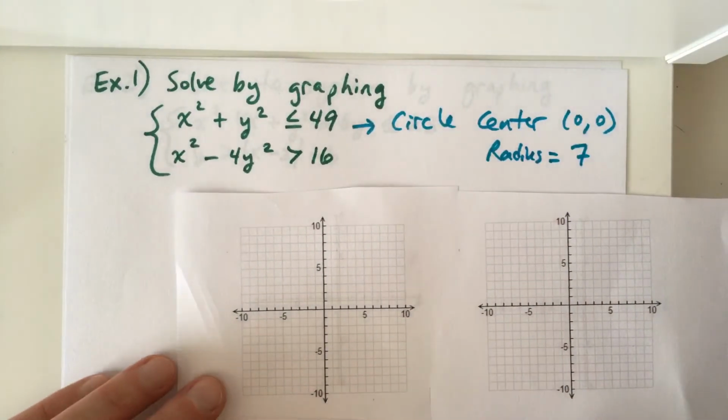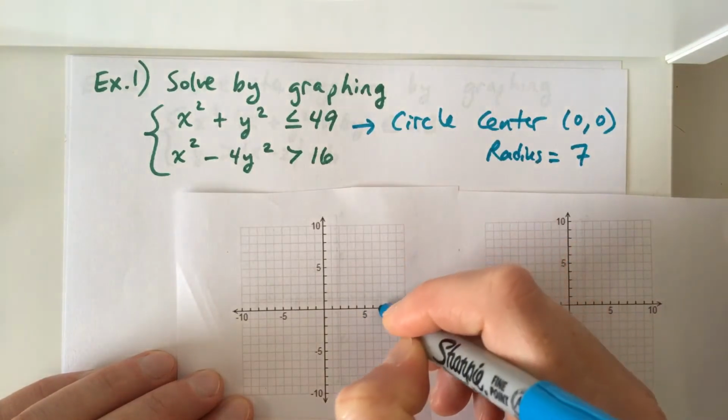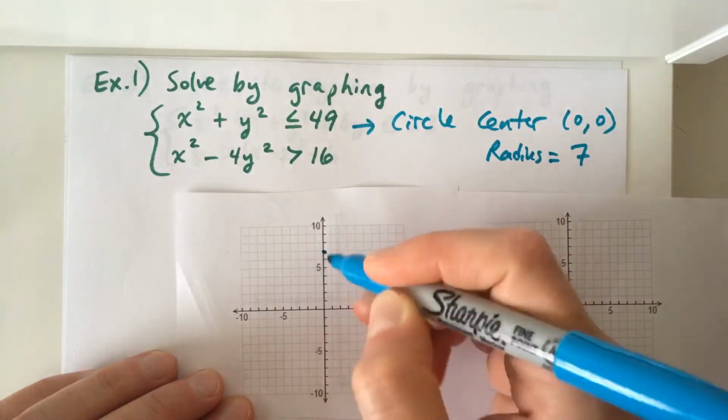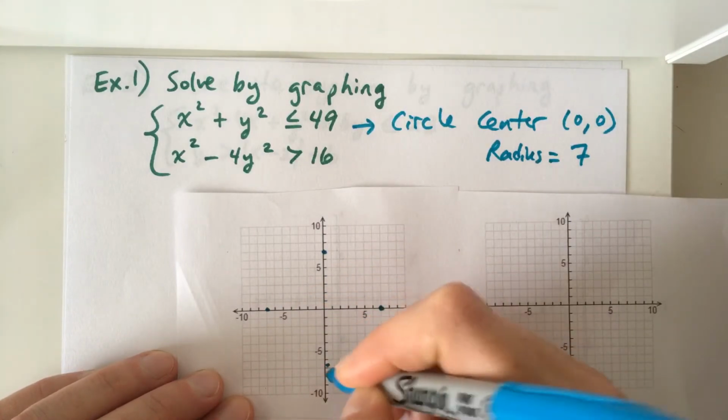I'm going to go ahead and graph that. We have a center of 0, 0, and radius is 7. So here's a point at 7, here, here, here, and here.